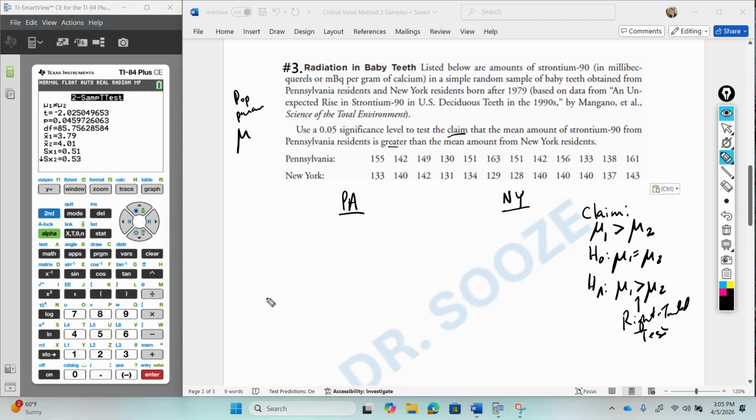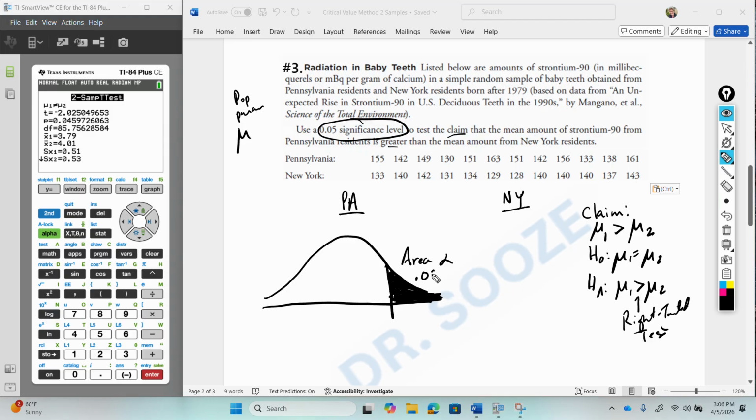All of the rejection region is going to be in the right tail. And so alpha is the total area in the rejection region. There's only one rejection region, and we've been told that alpha is 0.05.